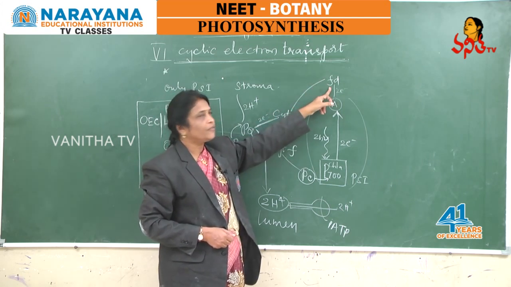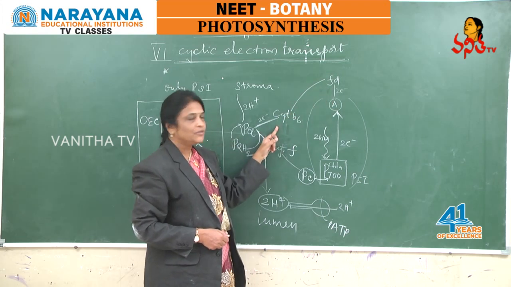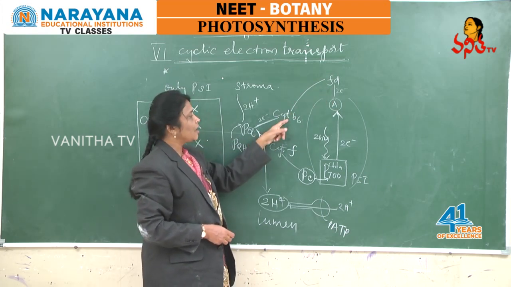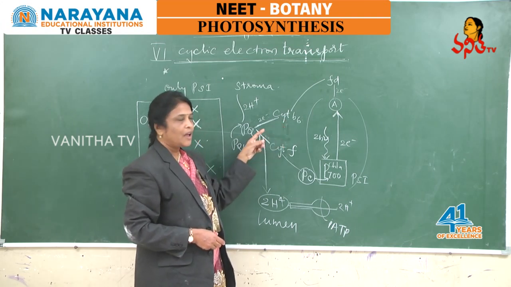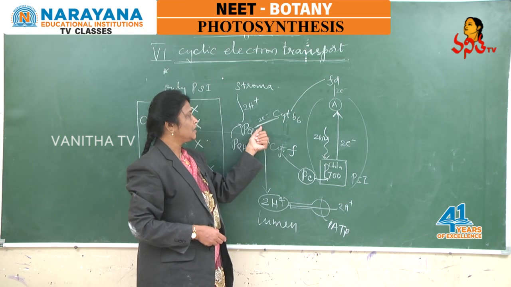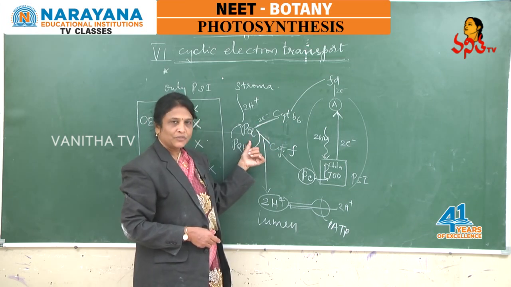So the electrons from ferredoxin go back to the cytochrome complex, and they are received by cytochrome B6 of the cytochrome complex, and from that cytochrome B6 the electrons are pulled by plastoquinone.